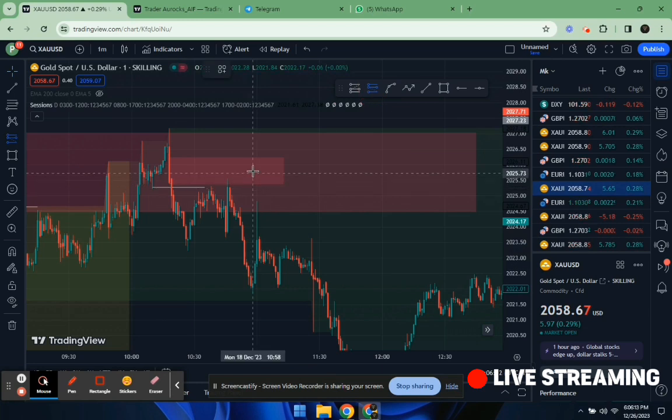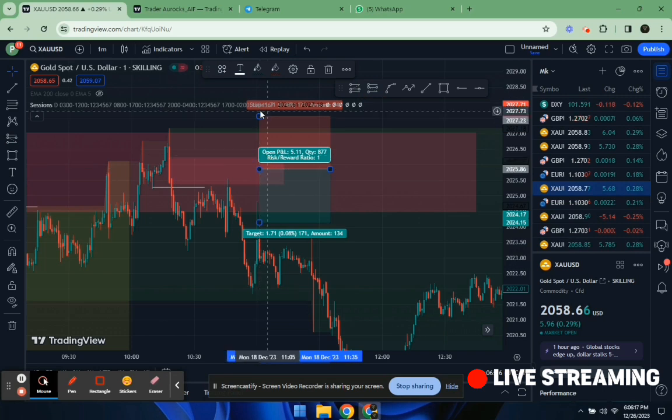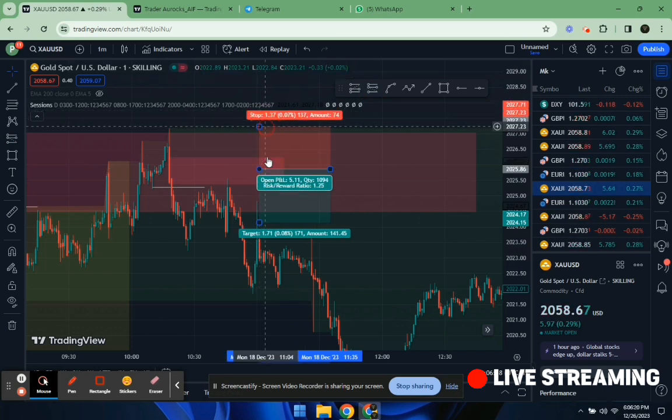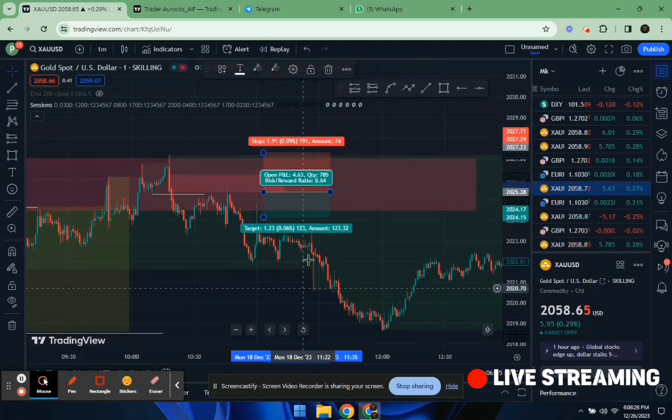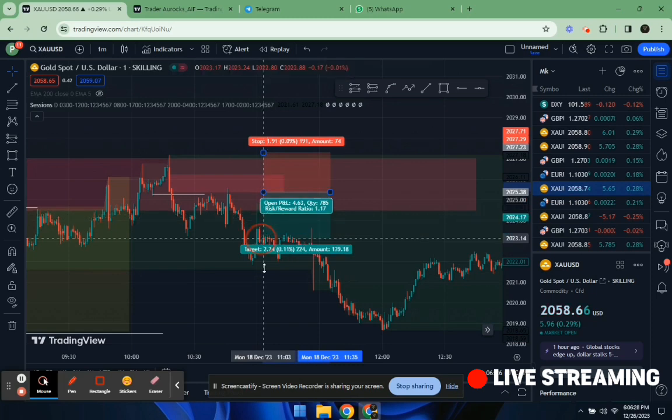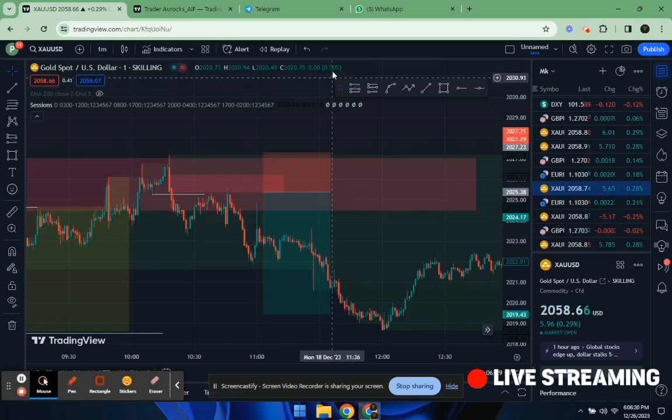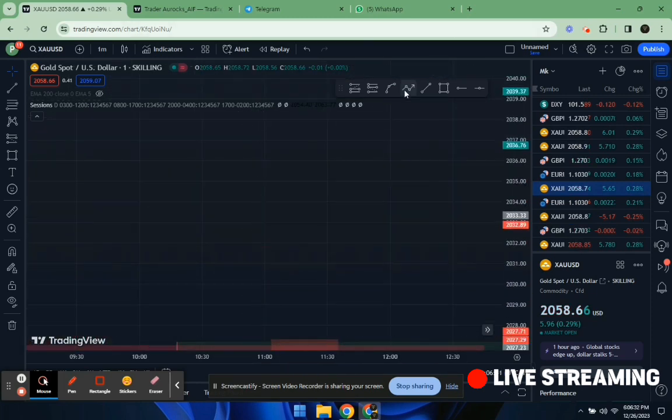Or if you entered normally at the start of the fair value gap, your stop loss would have been hit. Or even if you saw the setup late, like I always say, if price was going up, and then price changes character, and at the pullback you miss it, then you don't need to cry.